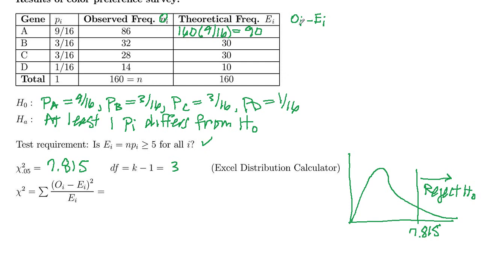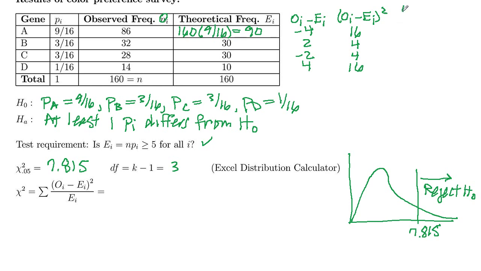So 86 minus 90, negative 4. 32 minus 32, 0. 28 minus 30, negative 2, and 14 minus 10, 4. And then you can do O sub i minus E sub i squared. So just square these values. Negative 4 squared is 16. 0 squared is 0. Negative 2 squared is 4, and 4 squared 16.